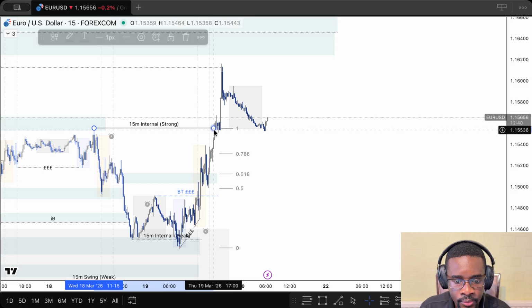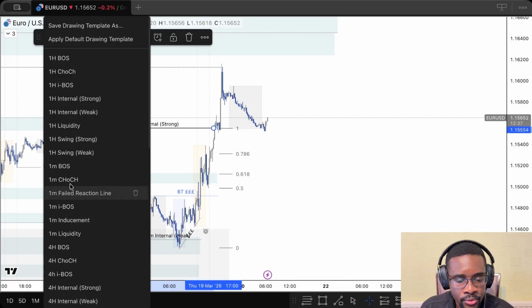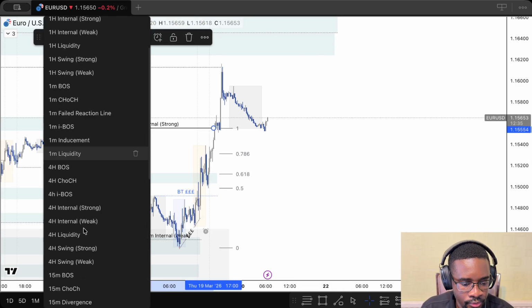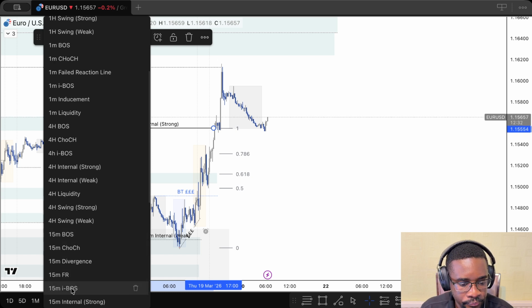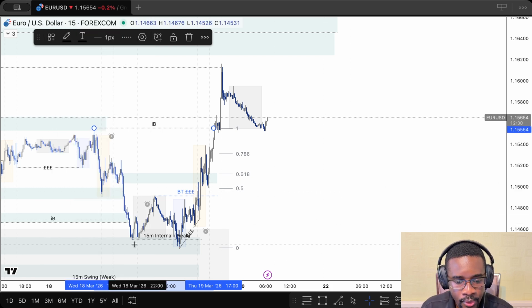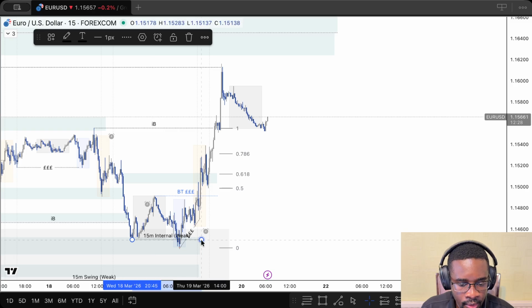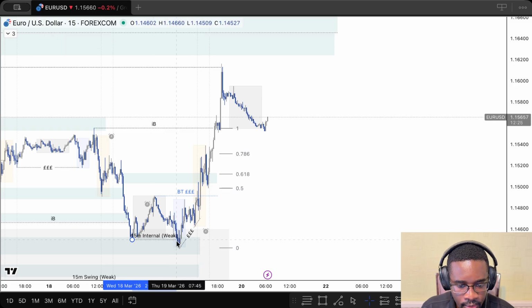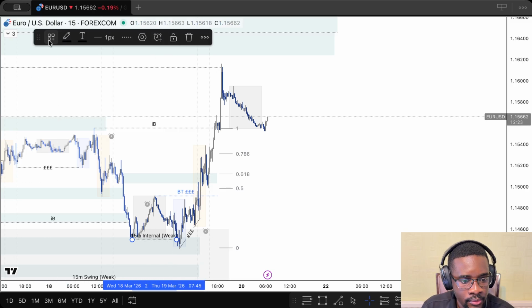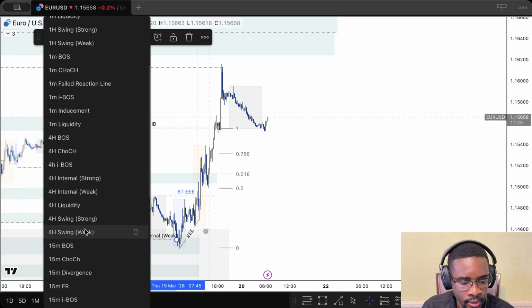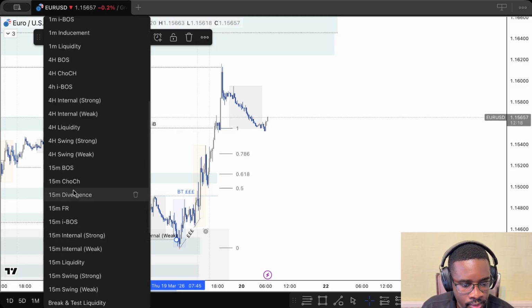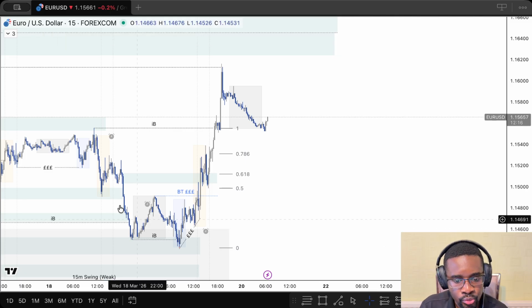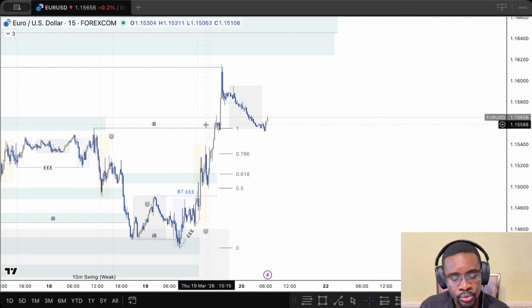Alright, so this was our internal strong, now that became our internal break of structure, 15M IBOS, boom, and then that was also an IBOS, but in hindsight, it pretty much looks like a simple sweep. Okay, so we did break structure to the downside, so we're expecting this to hold. Okay, and price went on to break that, and then now this is our new internal range.